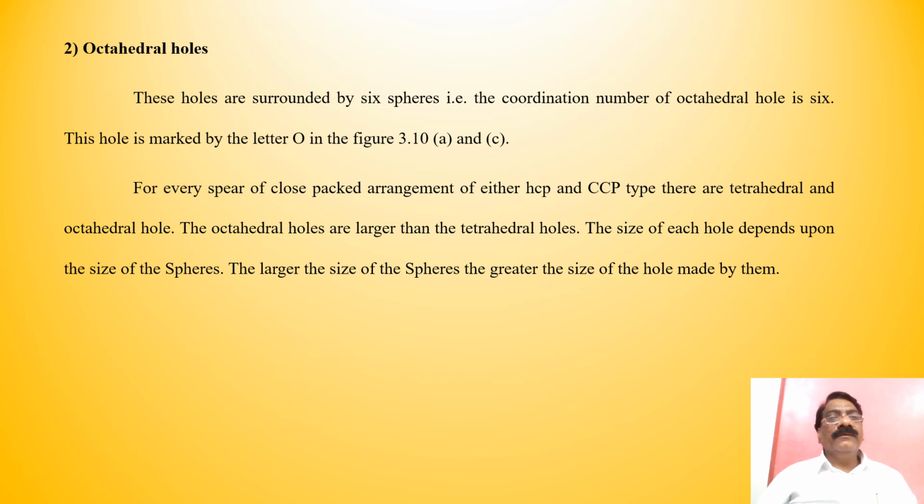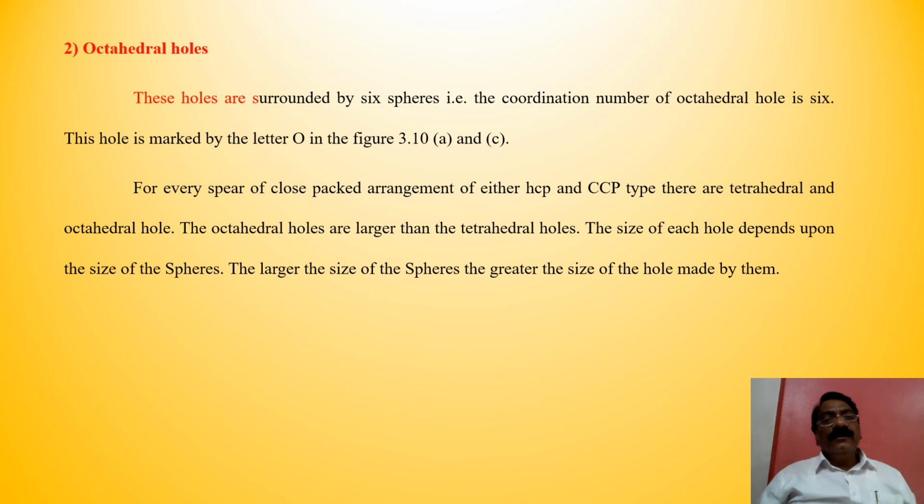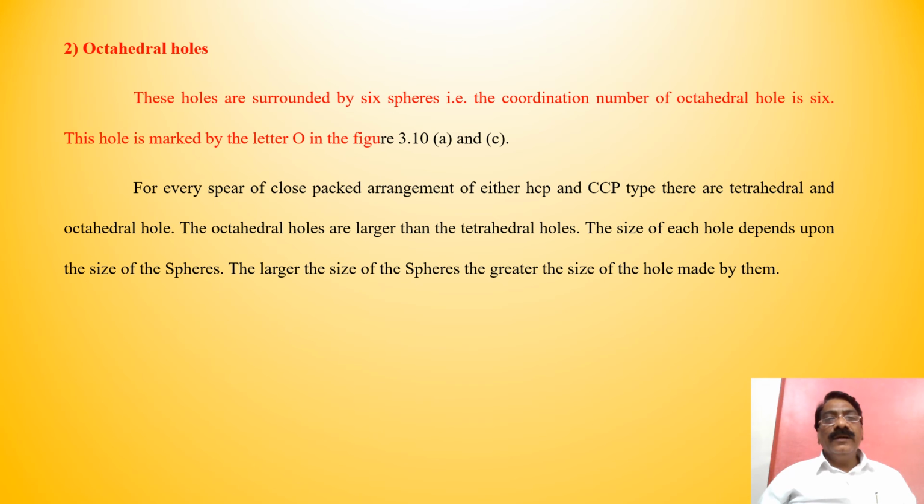So the second type of hole or void is the octahedral hole. These octahedral holes are surrounded by 6 spheres, that is, the coordination number of an octahedral hole is 6. This hole is marked by the capital letter O in the figure.